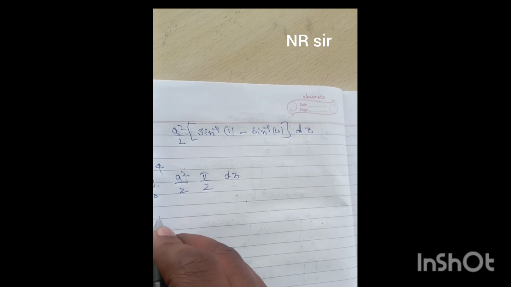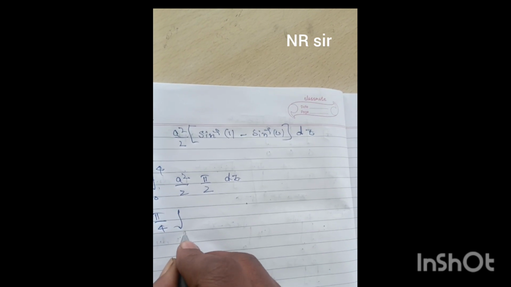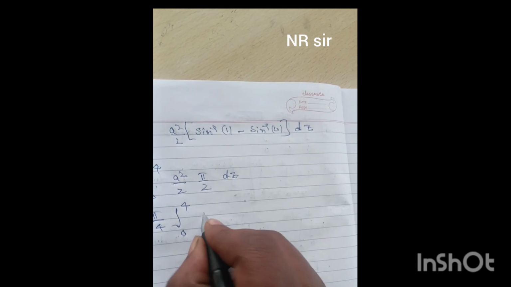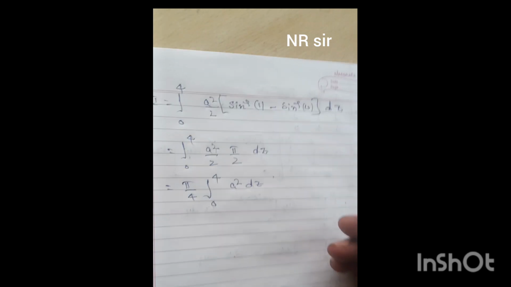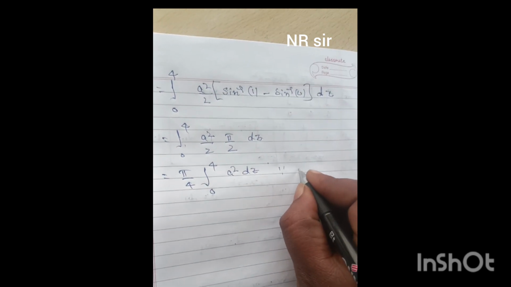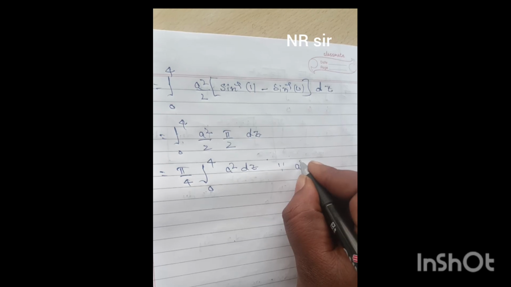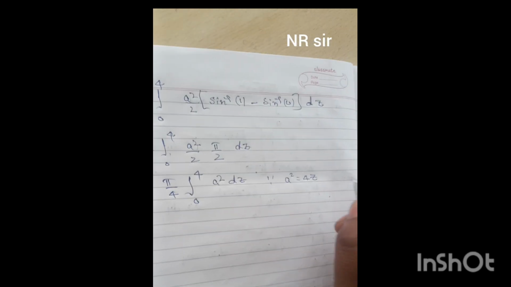Now pi by 4, if you keep outside, the remaining left out is 0 to 4, and this is a square dz. So please remember, a square is not a constant here, because we have already considered it as a. A square is nothing but 4z.